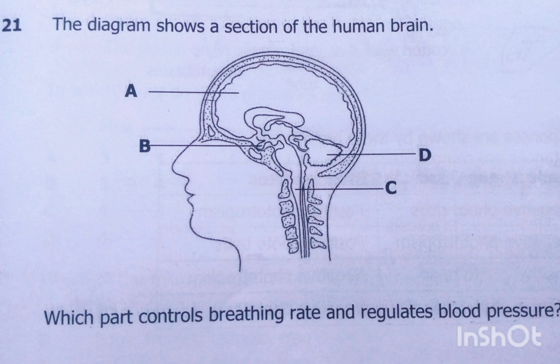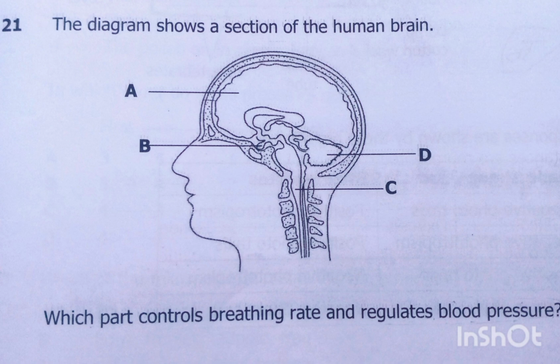One, it stimulates other glands to produce their respective hormones. Two, it produces hormones such as luteinizing hormone, antidiuretic hormone, growth hormone, and adrenocorticotropic hormone. So that is B, the pituitary gland.